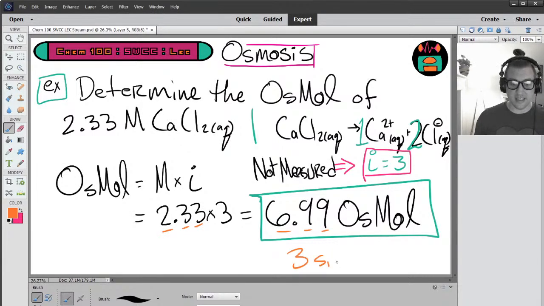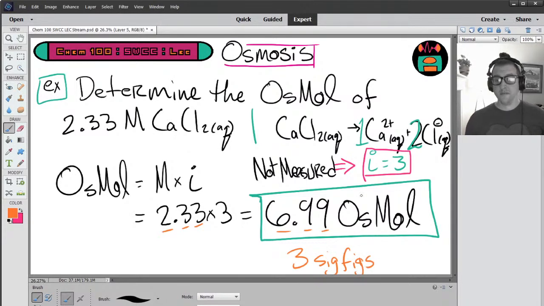So 3 sig figs is the correct number of sig figs. Great question, though. See, the thing is, if that 3 were a measured quantity, it would only have 1, and so it would limit us. But because it's not measured, it's just the number of particles in 1 molecule of calcium chloride. It's an exact number.